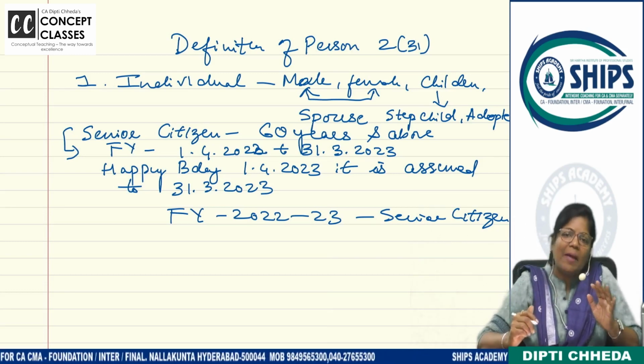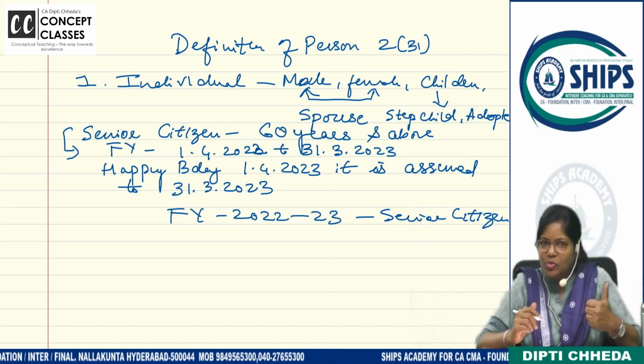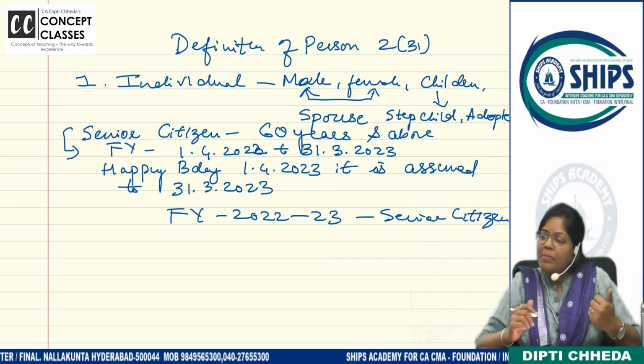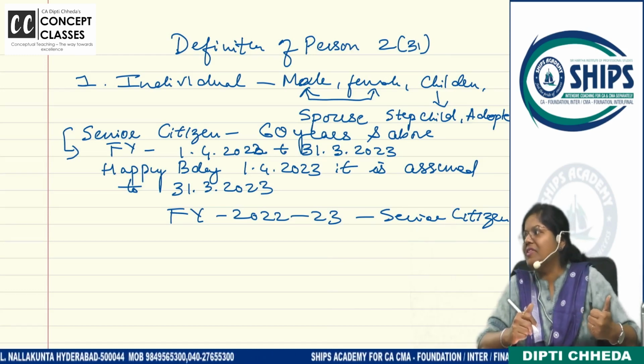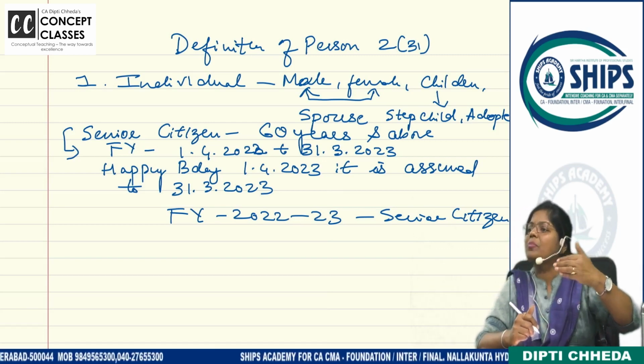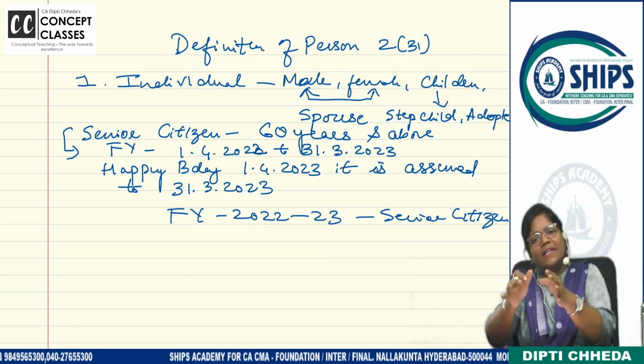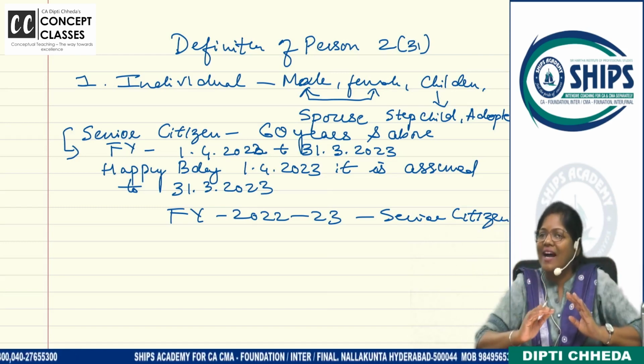Now, if someone's happy birthday is on 1st April 23, no ma'am, next year dekhenge, to be very frank, correct or not? But they have told in the act that if it is 1st April 23, someone is born, consider it as he is born on 31st March 23, and for 22 to 23 only the seniority will start.